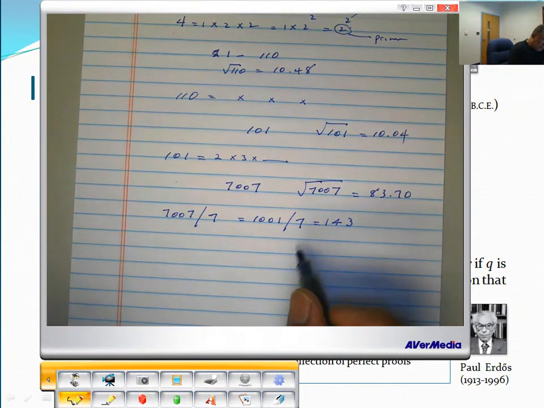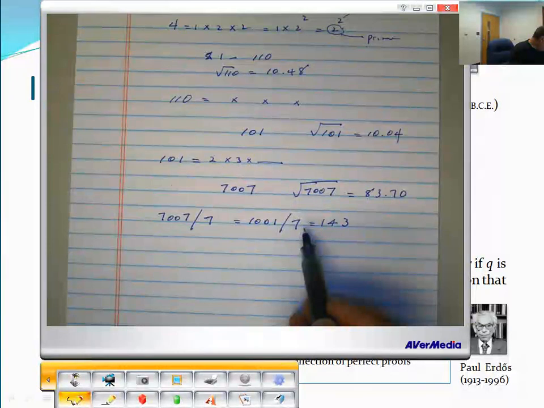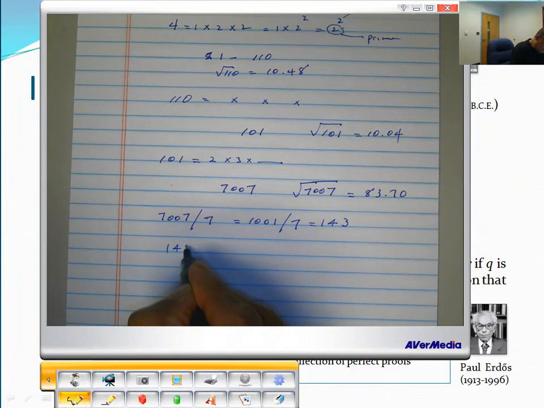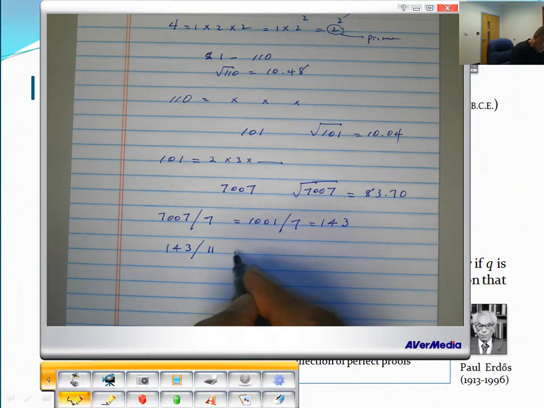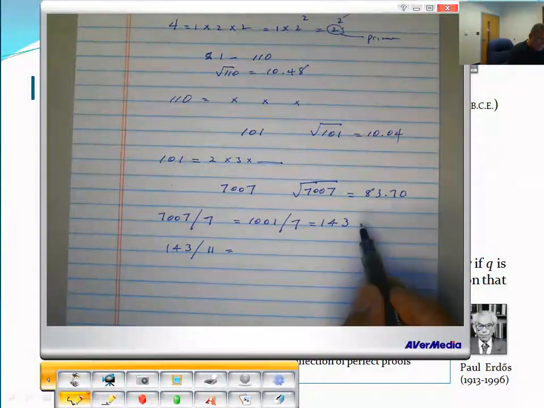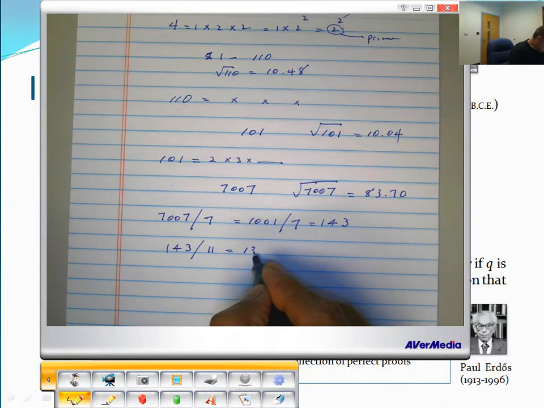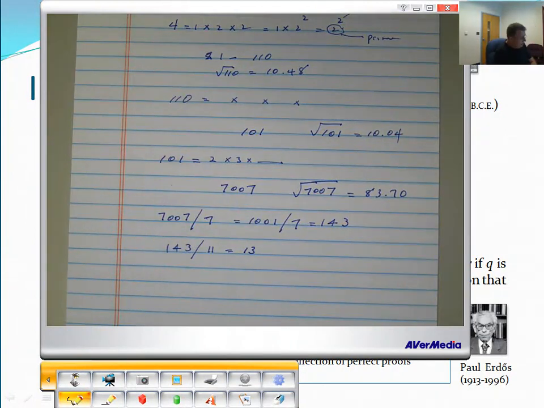And then I move on and notice that 143 is divisible by 11. I'm moving along with the prime numbers, and that gives me 13, and 13 is a prime number.